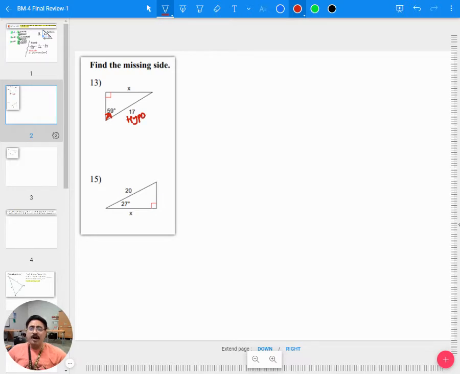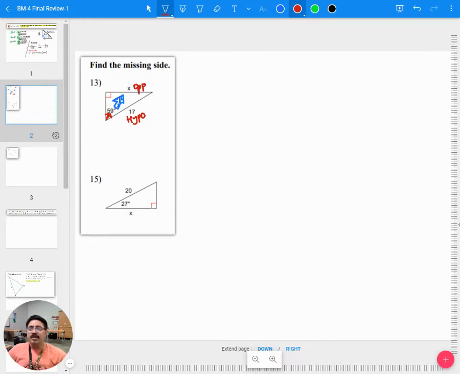Better you label all the parts. And the next one is x. X is the side opposite to the angle, right? Therefore, let me label this as opposite.